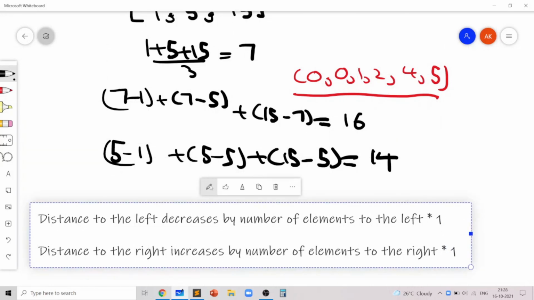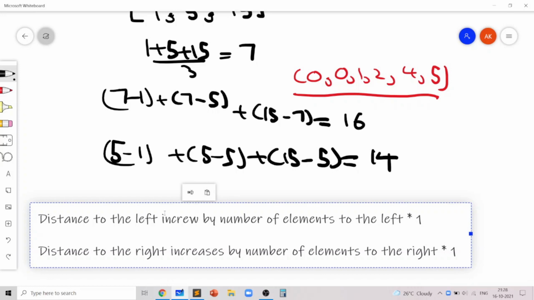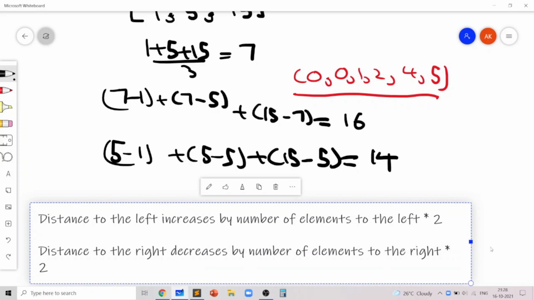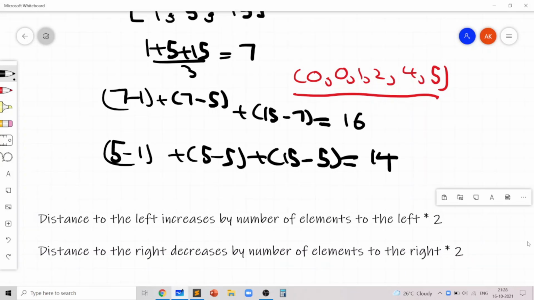A similar logic happens when you move from 5 to 6 or 5 to 7. If you move from 5 to 7, for example, then the distance to the left increases by the number of elements to the left times 2, because you move from 5 to 7. And the distance to the right decreases by the number of elements to the right times 2, because again you moved to the right.